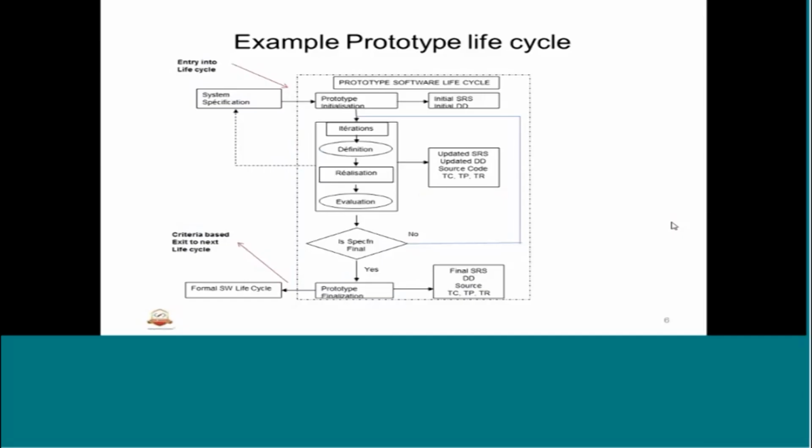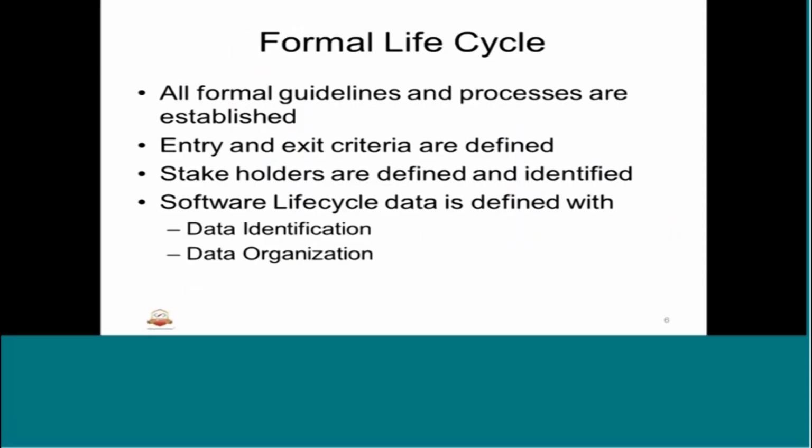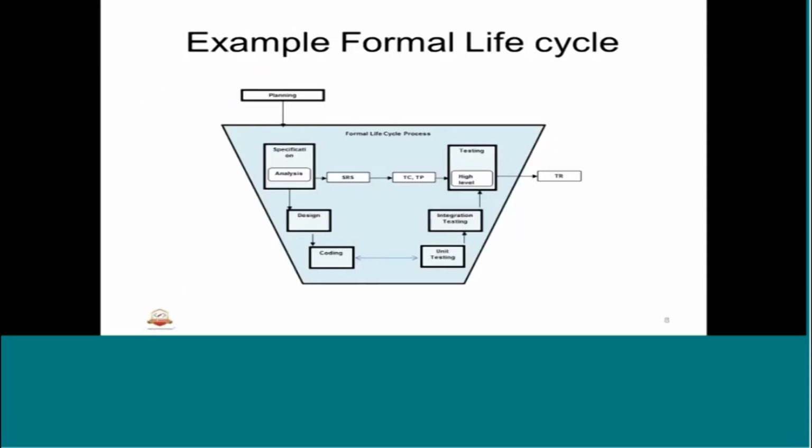This is an example of prototype life cycle, having entry and exit as a finalized prototype with the finalized SRS, DD, source code, testing aspects, which is enough for going for the formal life cycle. A formal life cycle, we know that it's a V shape.